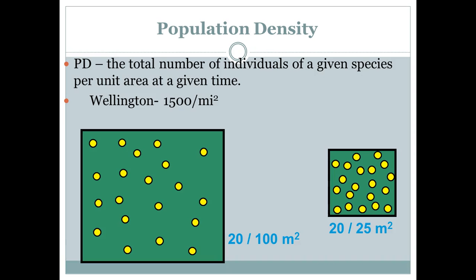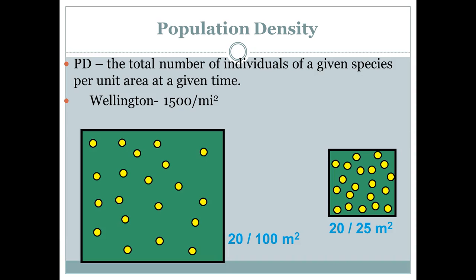PD, or population density, is the total number of individuals in a given species per unit area at a given time. Why do we need to know what a population density is? We alluded to population densities when we were talking about producer productivity, and we compared a desert with a temperate deciduous forest and the number of producers in a given area, that is the density of producers.